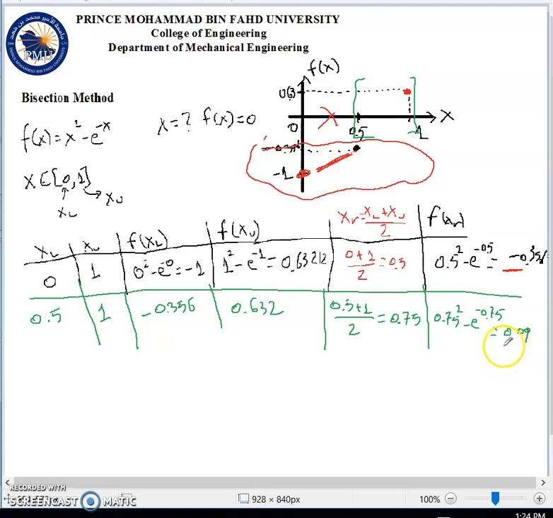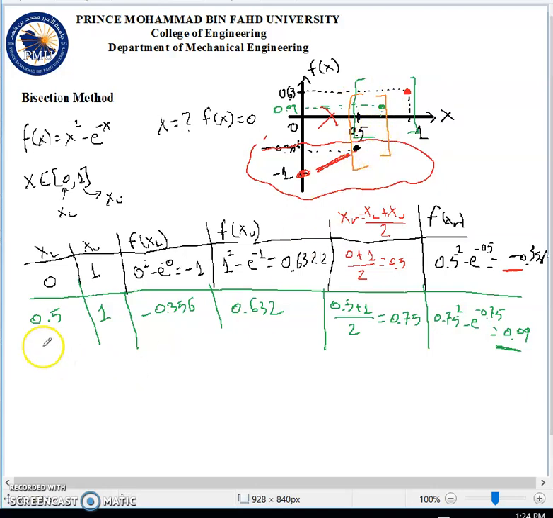So we see that this has a positive sign, and we want to match it with whichever function value is negative. In this case, f of 0.5 has a negative value. So let's change color, and our new domain will be this one over here.